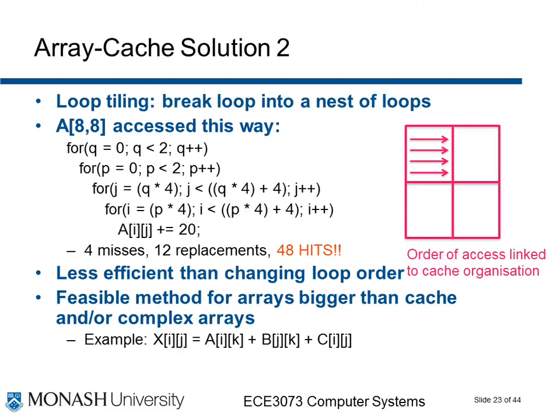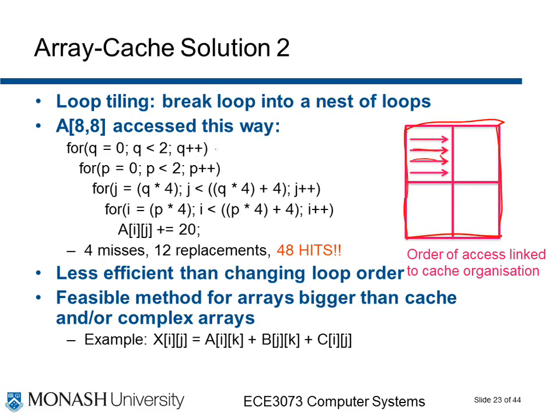There is an alternate solution, which is a bit complicated, but anyway. You can instead break up your array access so that I break up my 8 by 8 array into 2 by 2 grids, and then I go across my individual 2 by 2 grids, obeying my original order.